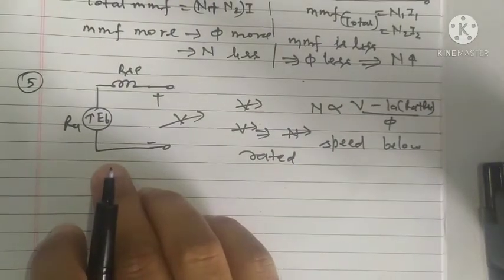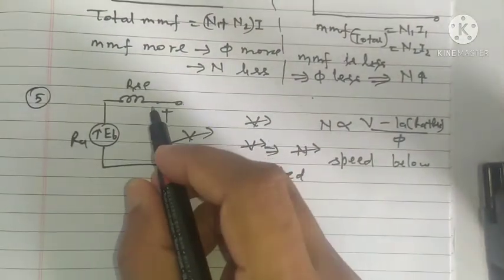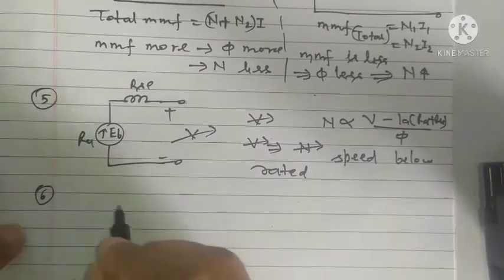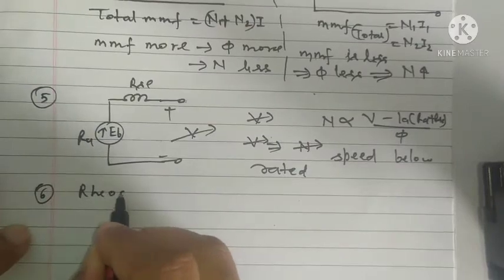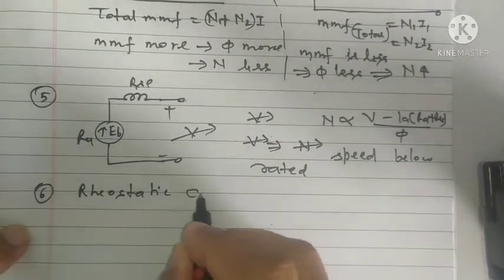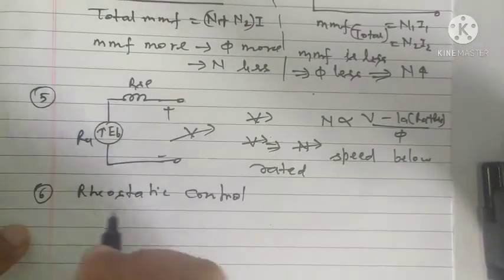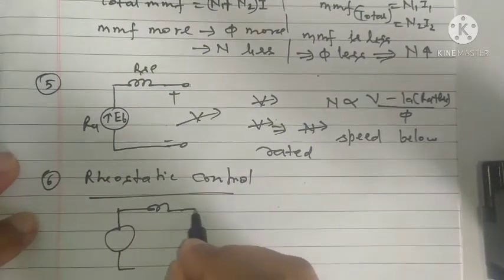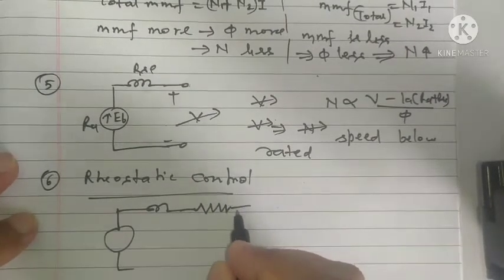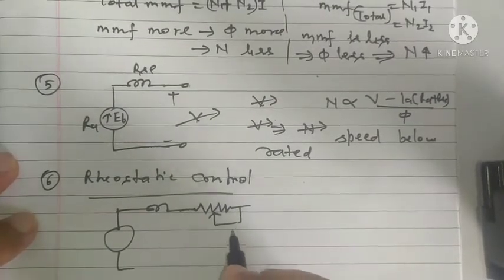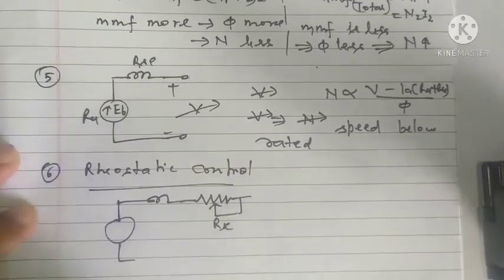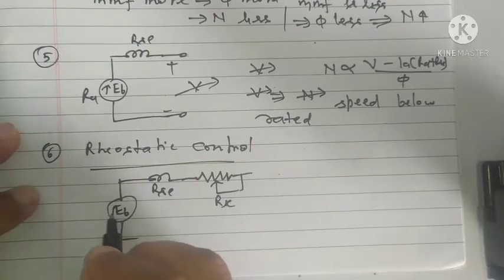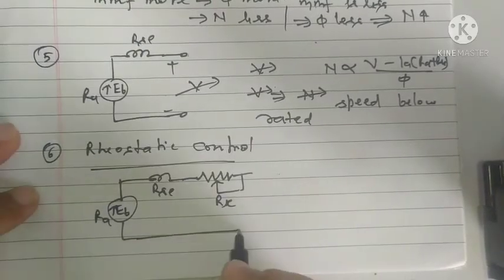There can be rheostatic control also. If I add certain resistance in series with this, then we know, you can see it also, rheostatic control. In this we will add some resistance in series directly. This is the external resistance Rx, and this is RSC. EB is here and it has resistance RA.